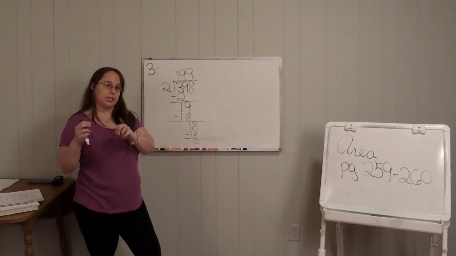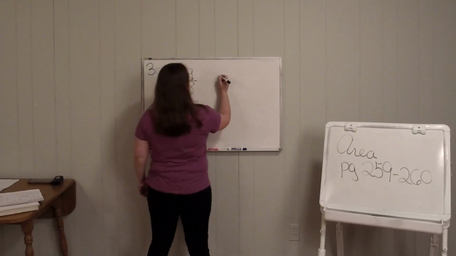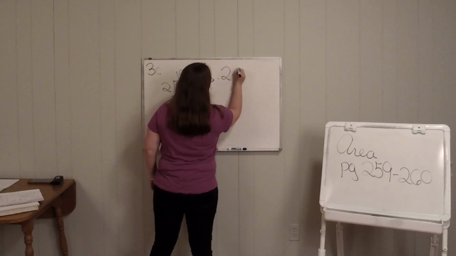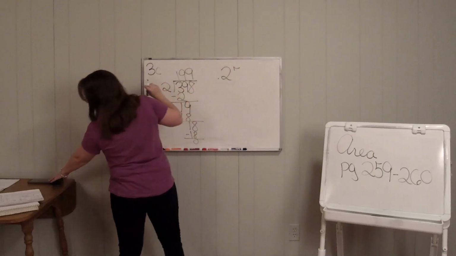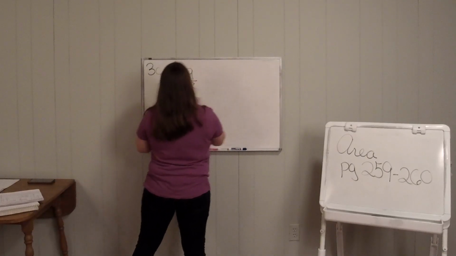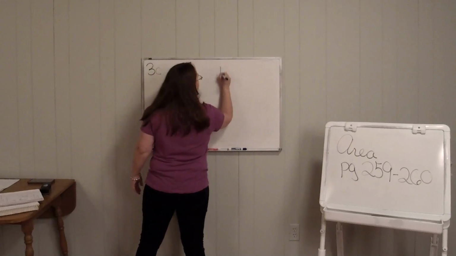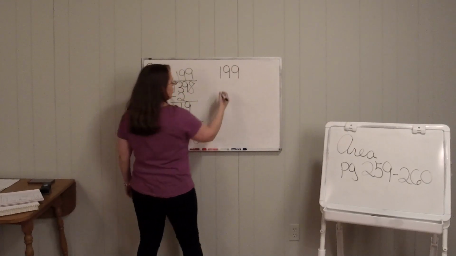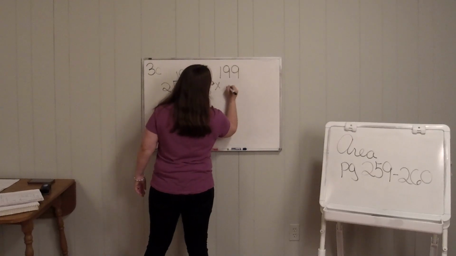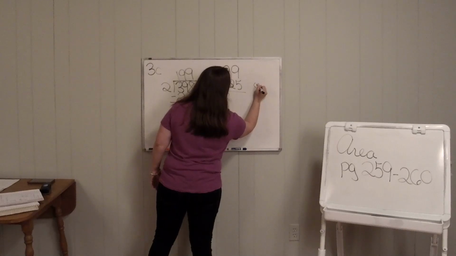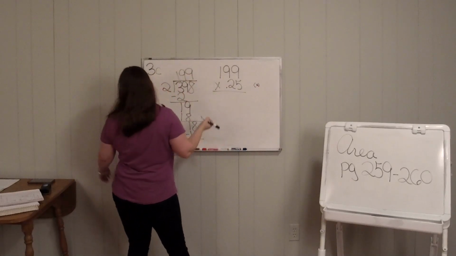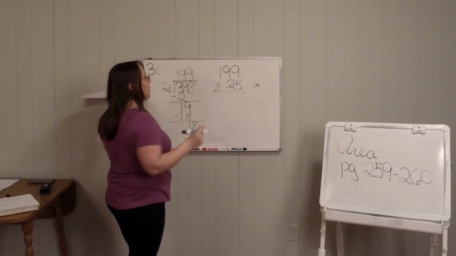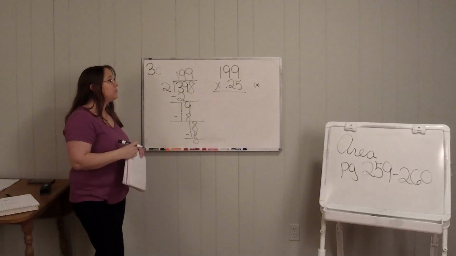So then you would say your 25, let me put the bigger number on top. So you would put your 199 groups, that's 2 cookies in each group, times the 25 cents, and there will be 2 decimal places in your answer. So, work that problem out right now.